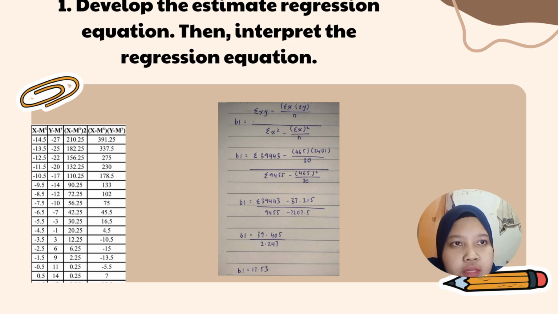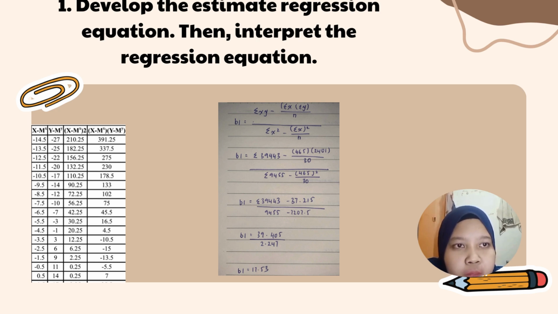The next is B1 equal 38443 minus bracket 465 bracket 2401 bracket divided by 13, over 8455 minus bracket 465 bracket squared divided by 13.